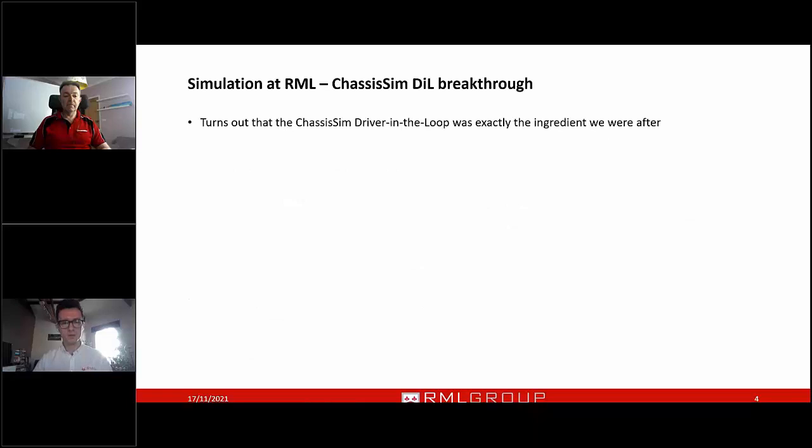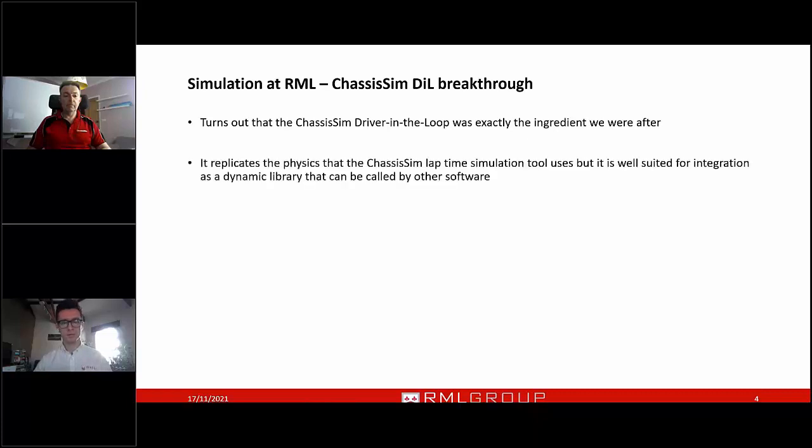Now, it turns out that for what we were trying to do, the ChassisSim driver-in-the-loop DLL was exactly the key ingredient we were after. It replicates all of the physics that happen in the front end of ChassisSim. So the big executable where you can run simulations, all of those physics are replicated in the driver-in-the-loop DLL.